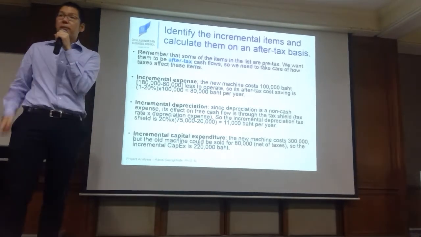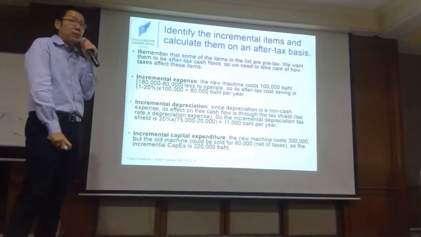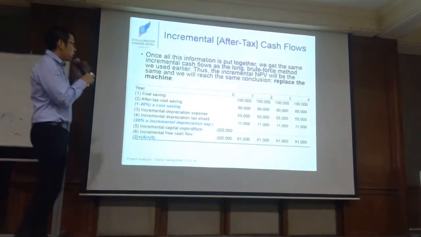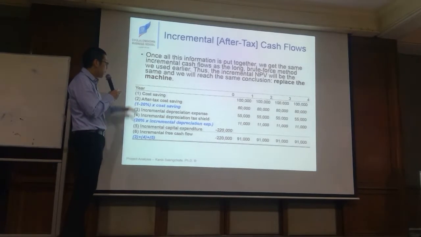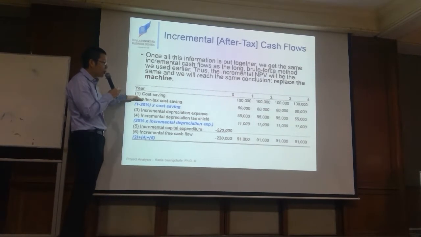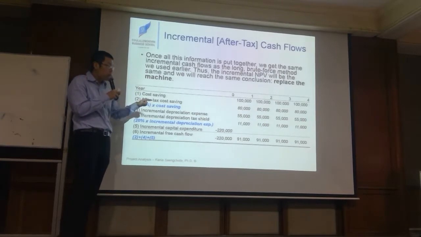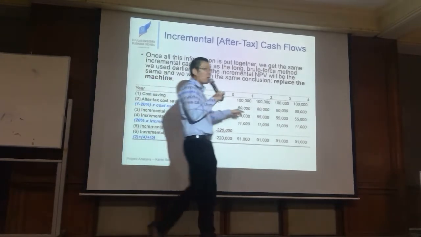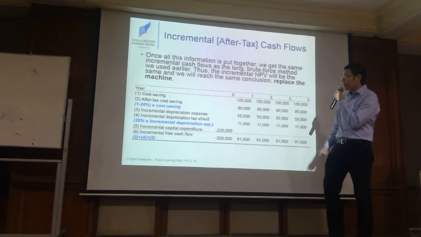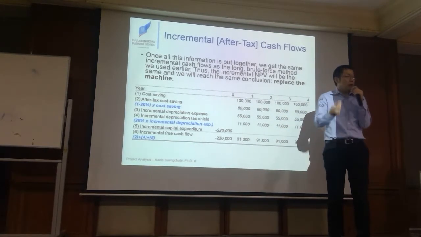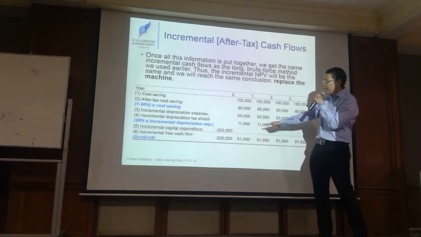Okay, taking all these three components together, let's put that in an Excel table. Cost savings, 100,000, line 1; line 2, after-tax cost savings. So line 1, when it turns to line 2, this is what we want. So take line 2. Line 2 is the cost savings contribution. Line 3 calculates the depreciation expense, but line 4 calculates the contribution to cash flow of that depreciation expense, 11,000.